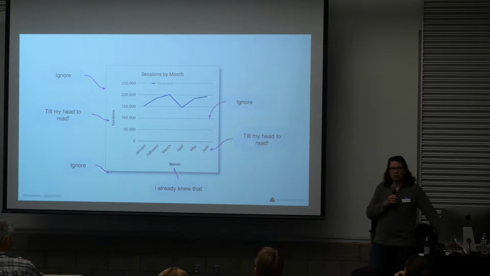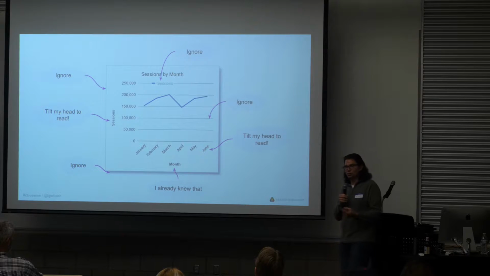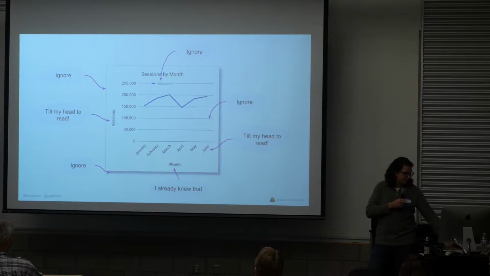Month. Well, wait, we know it's the month because we already had to rotate the text and we figured out it was month. Hopefully, tools that default put a legend when there's only one value. Sometimes we need a legend. We don't need it in this case. It's already in the title. So all of that is stuff that our brain has to work through and decide is unimportant. So there's a lot of cognitive load happening there.